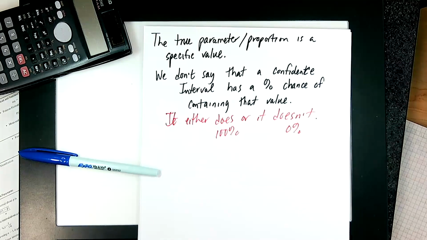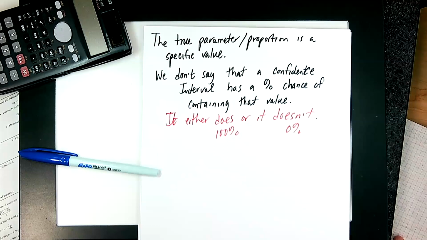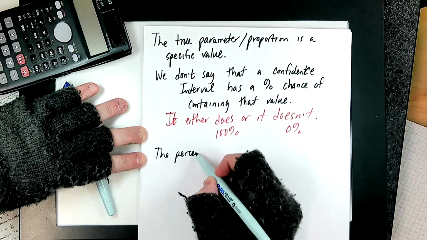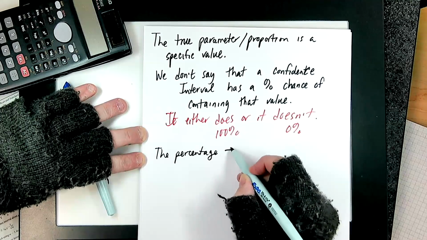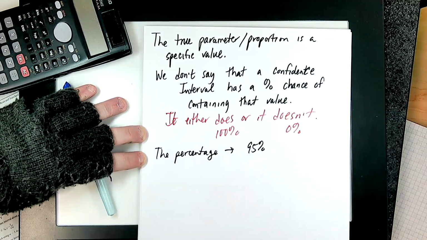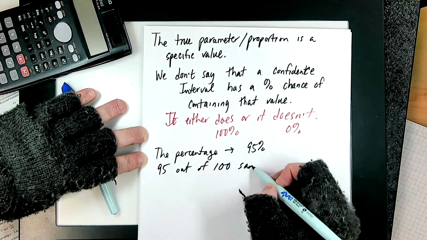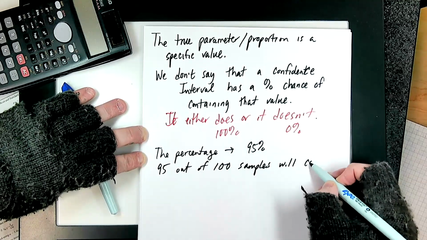So what does this confidence interval stuff mean? The percentage is a way of looking at it: like the 95%, one way of looking at it is 95 out of 100 samples will contain the true parameter.